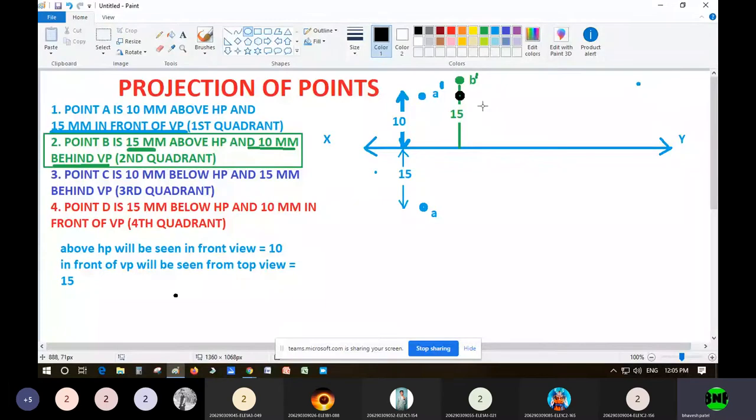So the name of the point will be B, right? And what is the distance? The distance will be given as 10 mm. So here will be 10 mm. Okay. You have to show the arrow also.